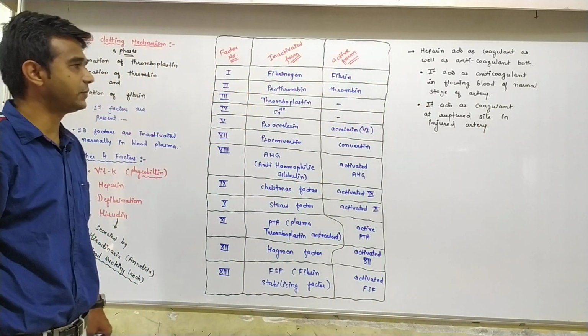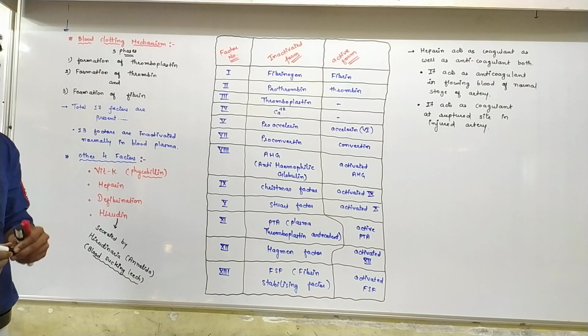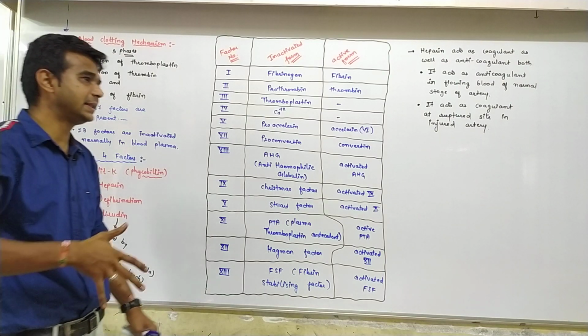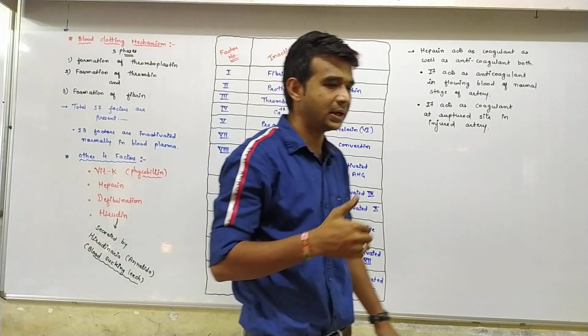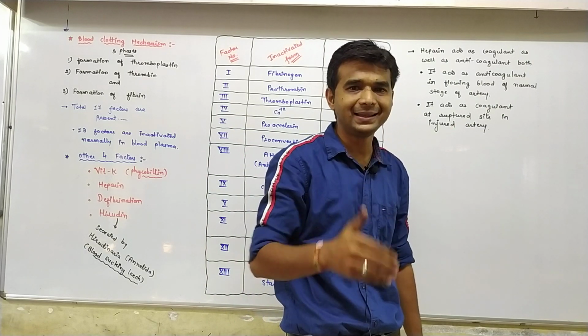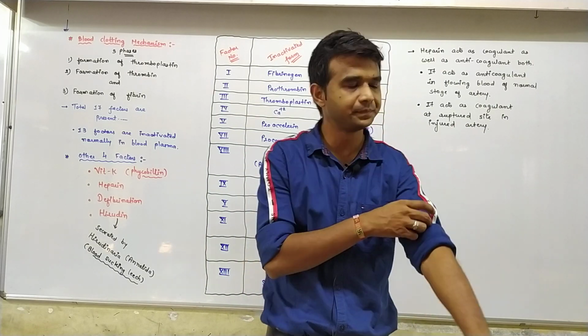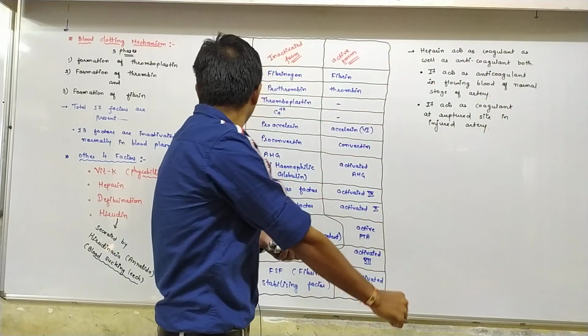So when the artery is ruptured or injured, at the injury site the blood is flowing, and at that time it acts as a coagulant.